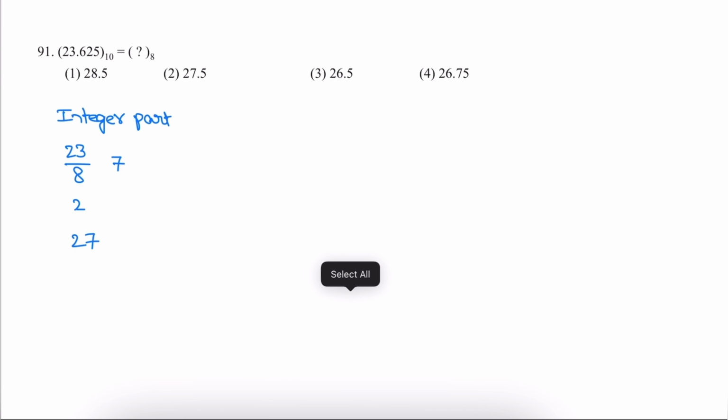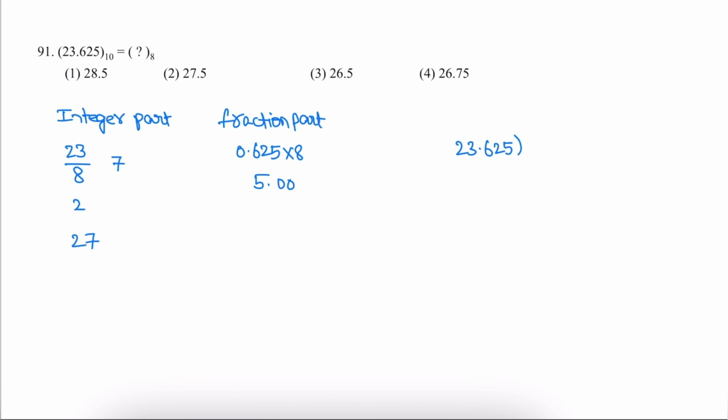Next, for the fractional part, successive multiplication, that is 0.625 into 8. Its value is 5.00. Hence 23.625 base 10 is equal to 27.5 base 8.